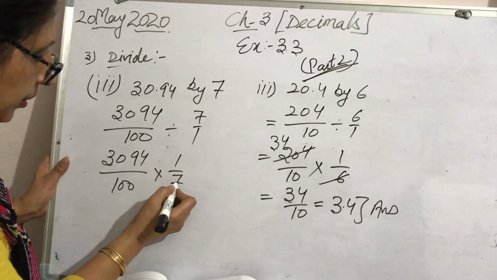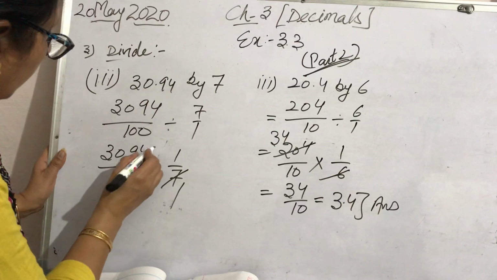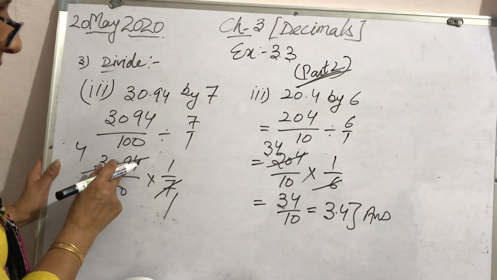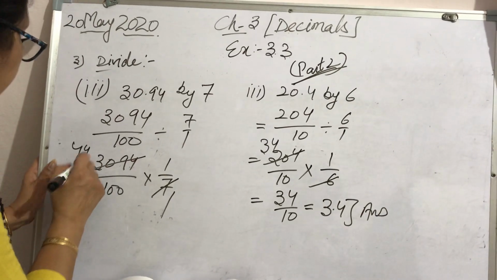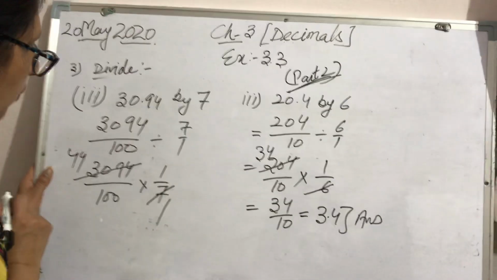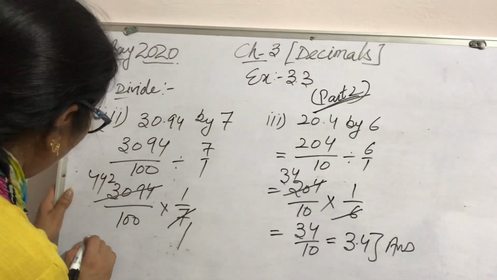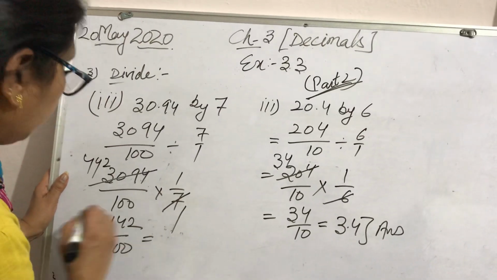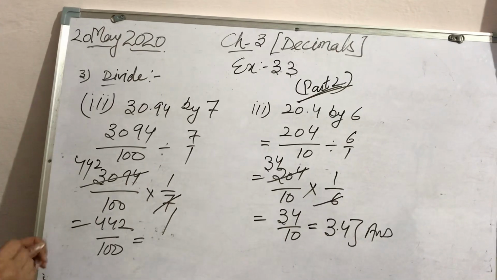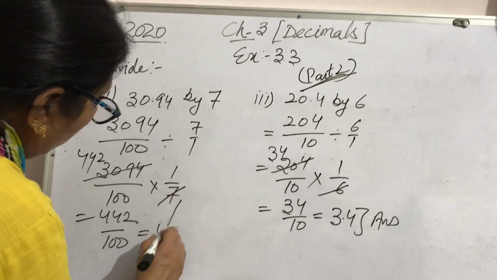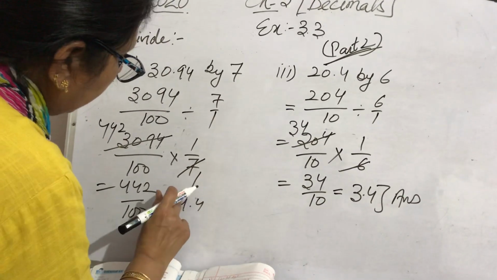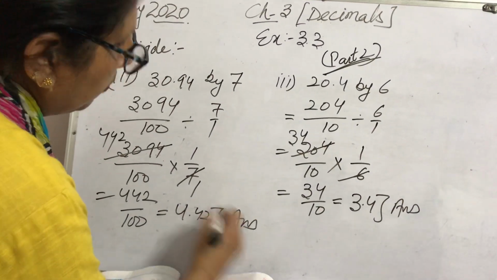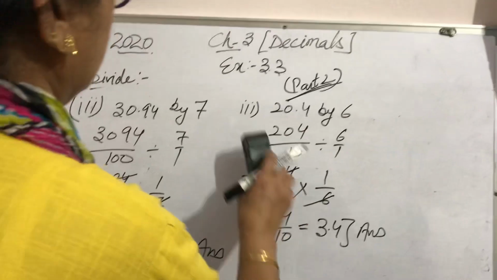I think it can be reduced. 7 4s are 28. 2 adjust with 9, 29. Again 7 4s are 28, adjust with 4, 2. 442 upon 100. 2 digits are there at the denominator, so 2 decimal places will be there. 4.42. This is the answer.